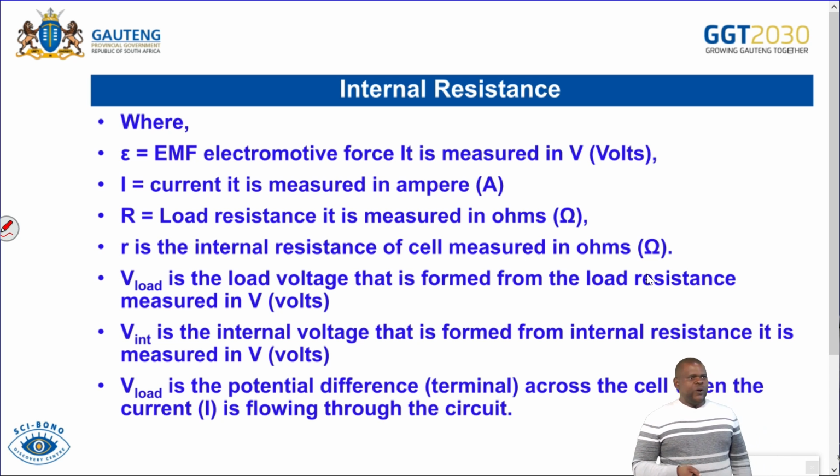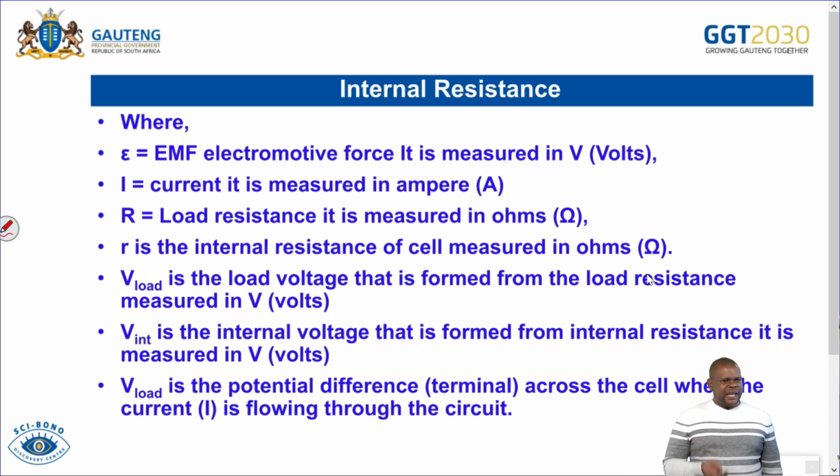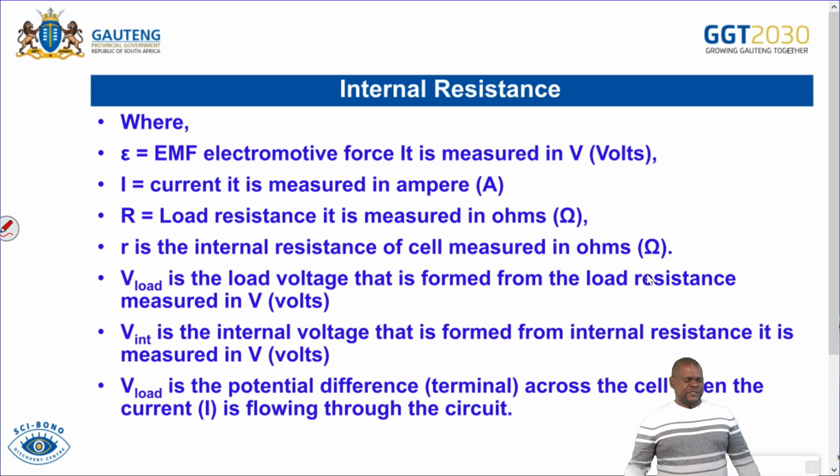Then we continue. R, a capital letter R, in this case is the load resistance, and it is measured in ohms. And the symbol for ohm is sigma. Now we have small letter r, the internal resistance of the cell, and it is measured in ohms also because it is a resistance.